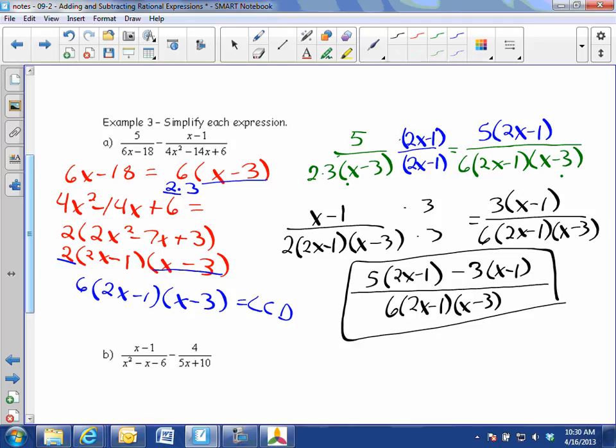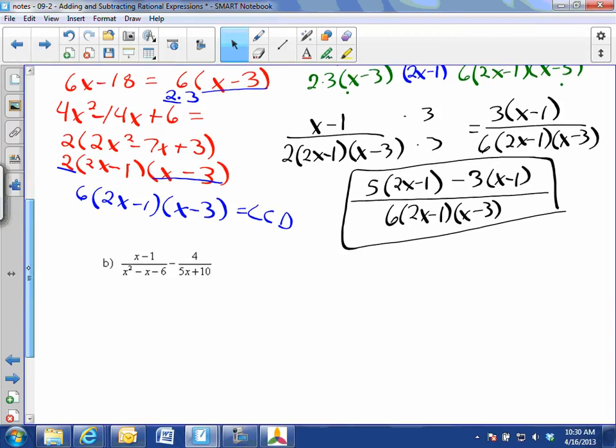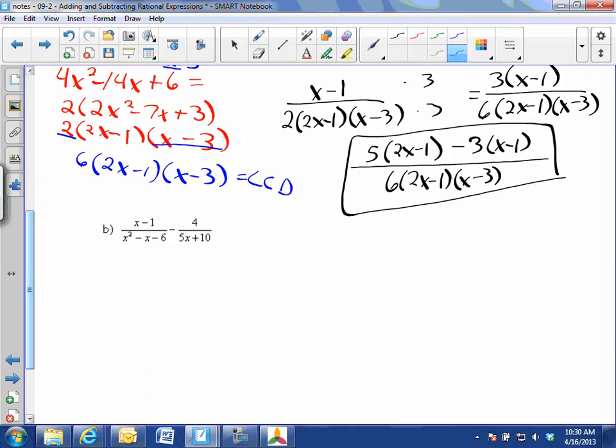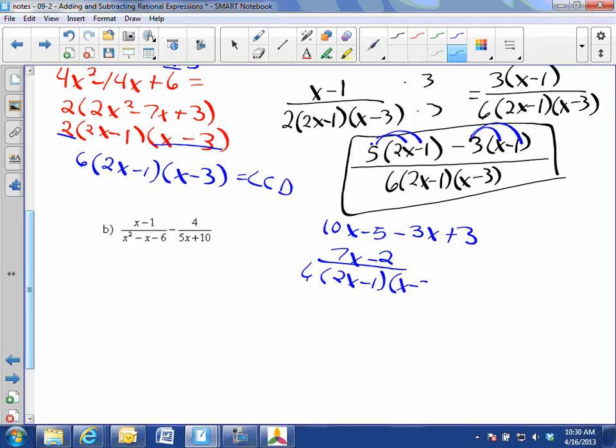We could actually simplify it a little bit, because if we distribute and then combine like terms, 10x minus 5 minus 3x plus 3 would get us 7x minus 2. And then our denominator stays the same, it doesn't change.